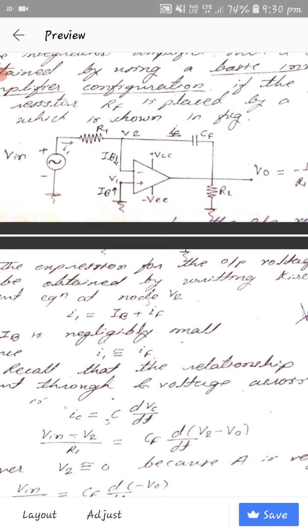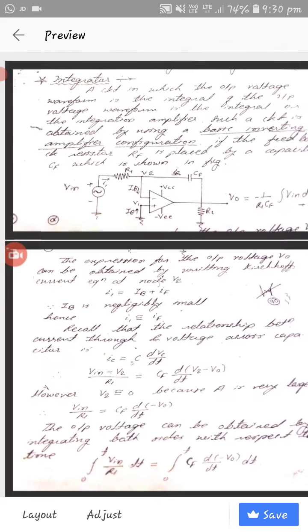The output is connected back to the inverting input through the feedback capacitor CF, and the output is measured across the load resistor.